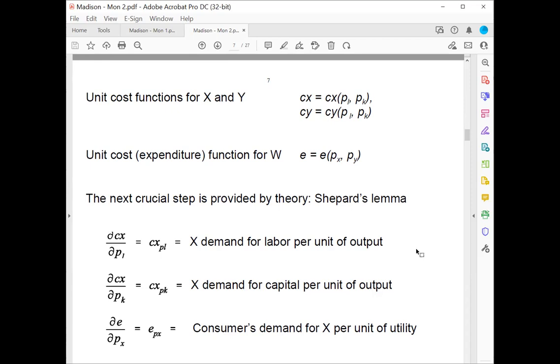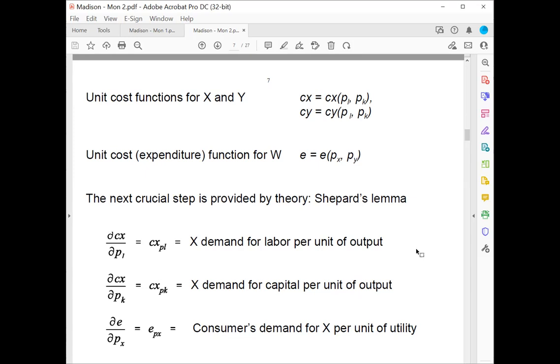So the next crucial step is provided by Shepard's lemma, which allows us to get the demand equations for capital and labor, and for X and Y by the consumer, directly from those cost functions by simply taking the derivatives. It's called Shepard's lemma because it follows directly from the envelope theorem, I guess.